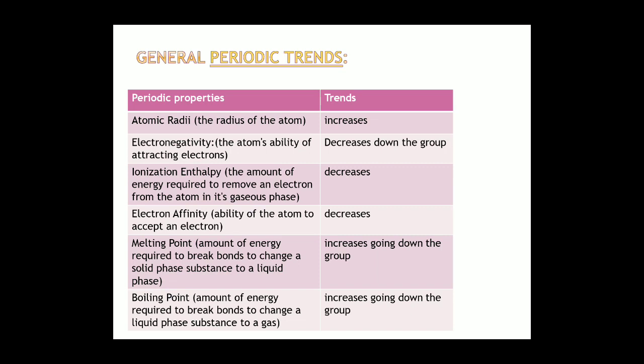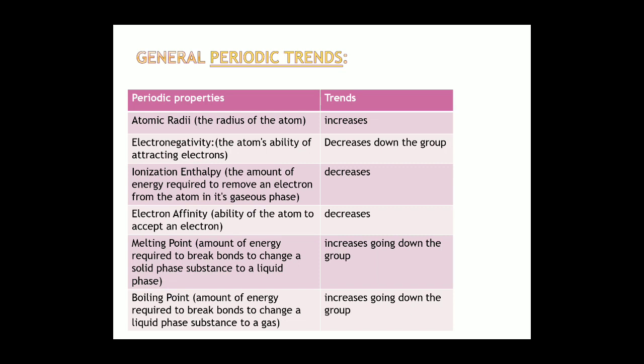Because atomic number increases and electrons move far away from the nucleus. So the distance is high, and atomic radii increases. Next is electronegativity. You know very well, I explained this in the previous class also. Electronegativity decreases while moving down a group because electronegativity is inversely proportional to atomic radii.